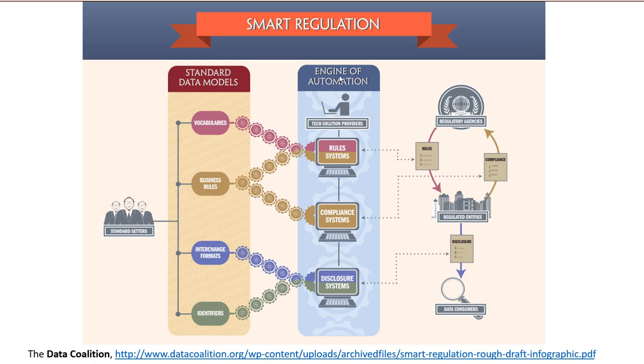And then they have this notion of an engine of automation, and they have rule systems and software and artificial intelligence tools that use these standard formats to do all this stuff.